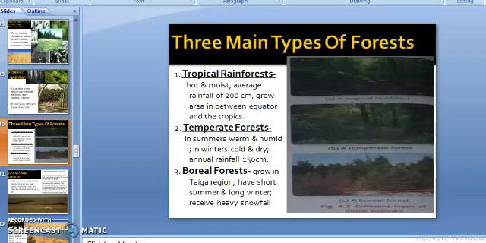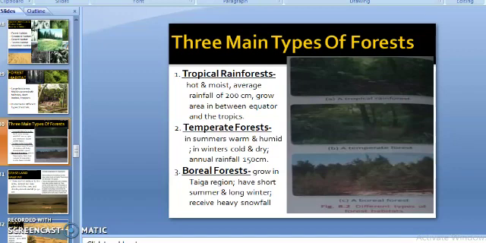Now see the third type of forest, boreal forest. Boreal forests grow in the taiga region which lies between the poles and the temperate zone. Poles means we are talking about the Arctic and Antarctic poles, and temperate zones also. They have a short summer and a long winter. They receive heavy snowfall. Temperature in boreal forest ranges from minus 50 degrees Celsius to 30 degrees Celsius.